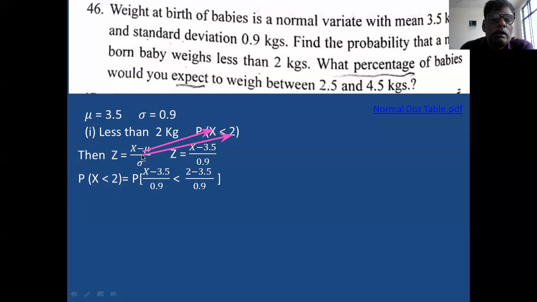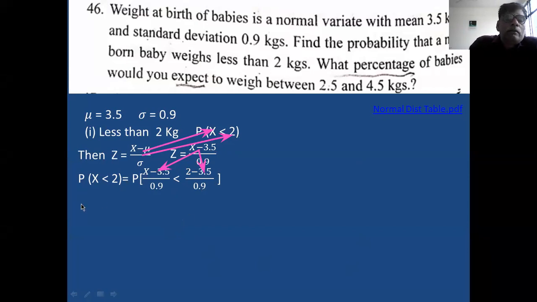Okay, you write the equation and fill in the value. And in the second place, the value is 2 minus 3.5 divided by 0.9. This equation I recorded here in place of X, and second in place of 2. So in place of X, I recorded the 2 value. Okay.